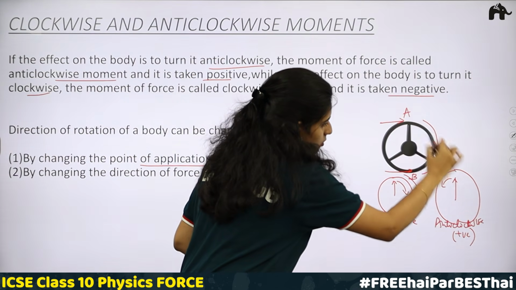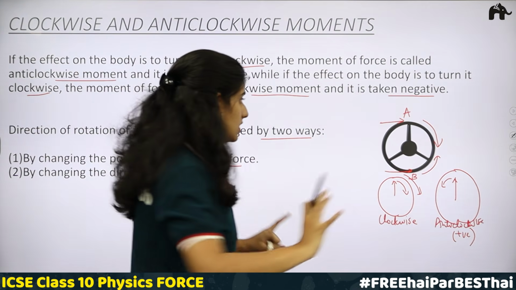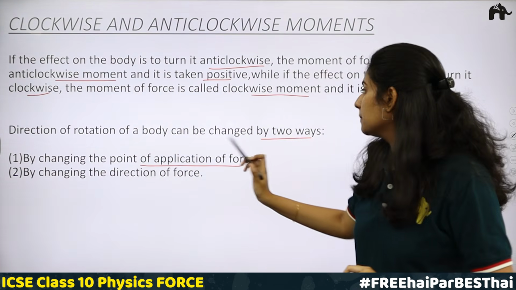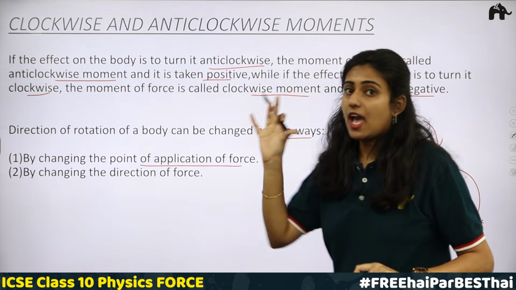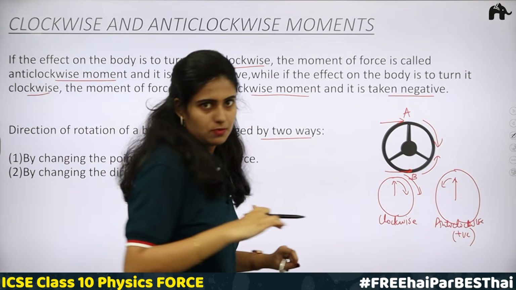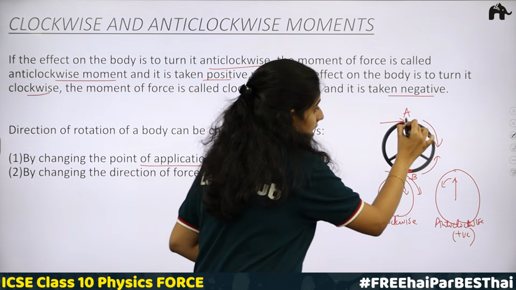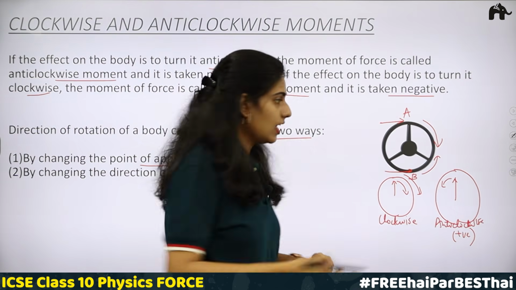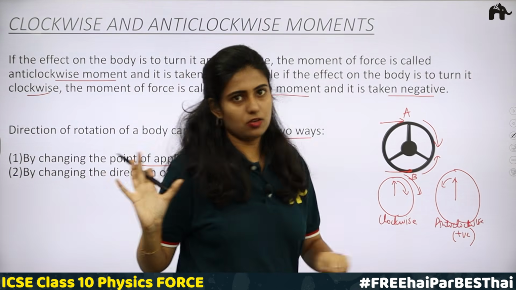When the point of application of force changes, we get anti-clockwise and clockwise moment. In this case, at point A we got clockwise and at point B, by applying force, we got anti-clockwise.